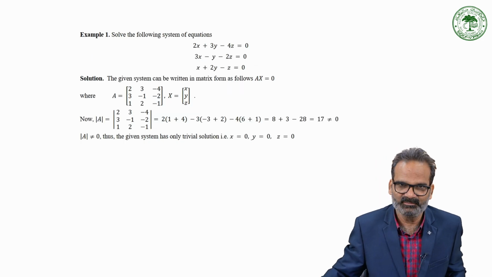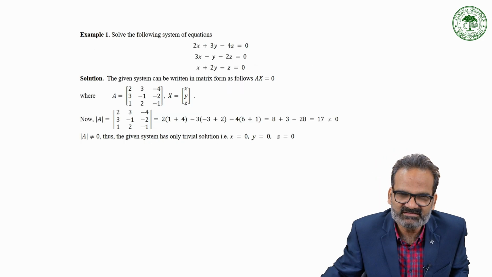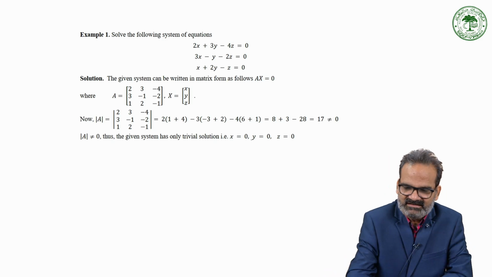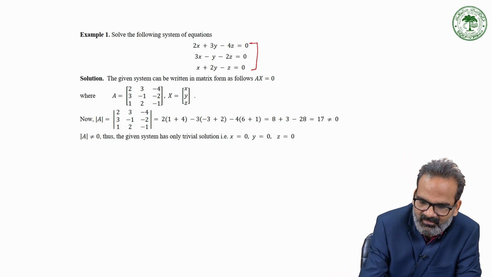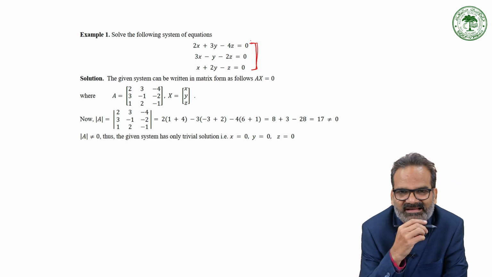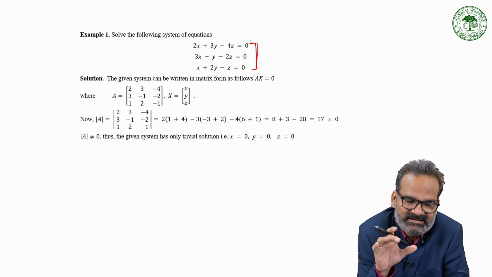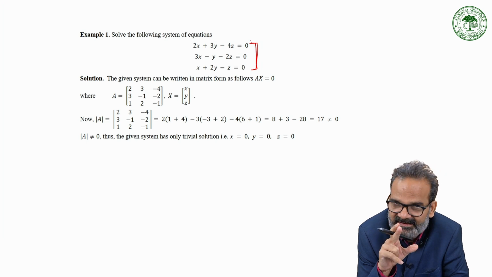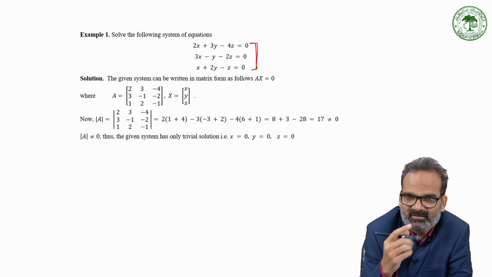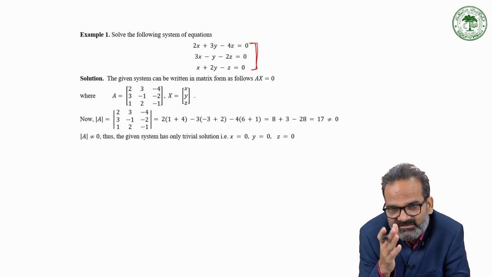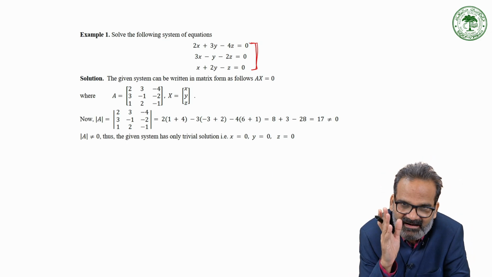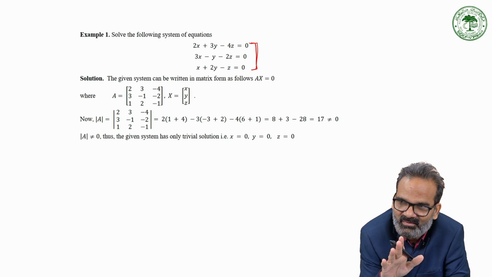Let us take an example very quickly. Solve the following system of equations. This is a system of three equations in three variables. So before proceeding to the solution of this system, let us identify that this system is homogeneous, because all the terms lying at the right hand side are identically 0. Clear?